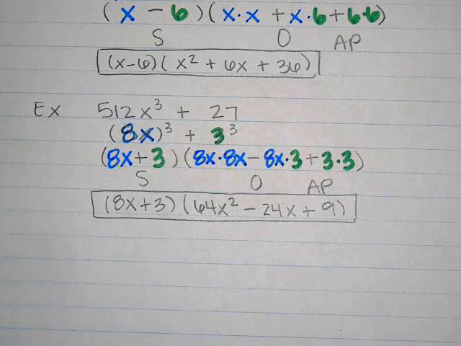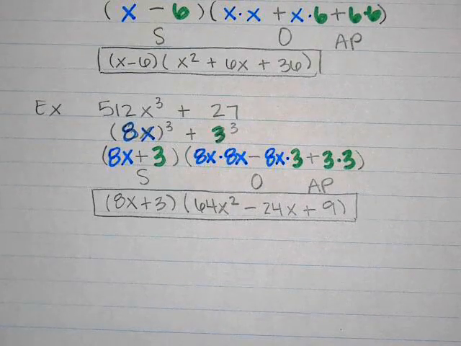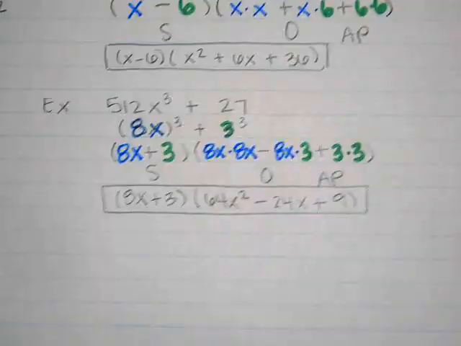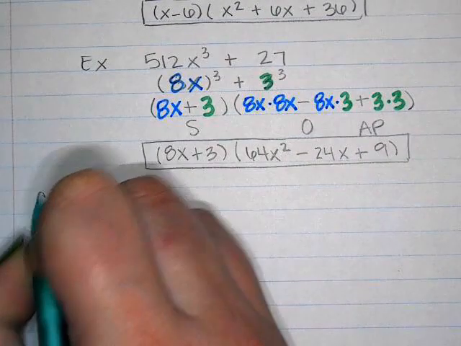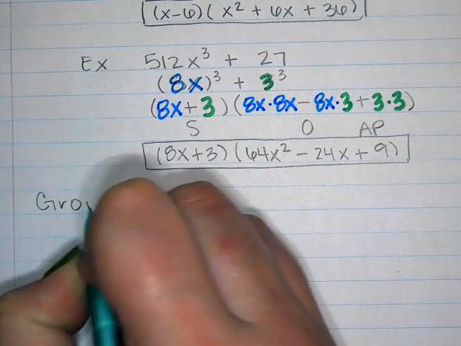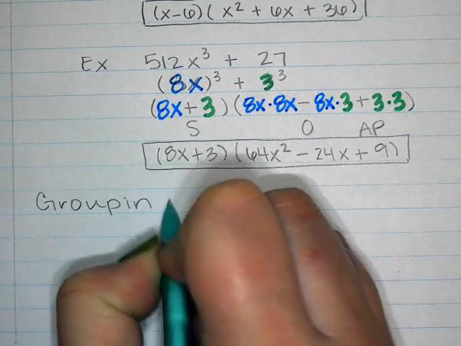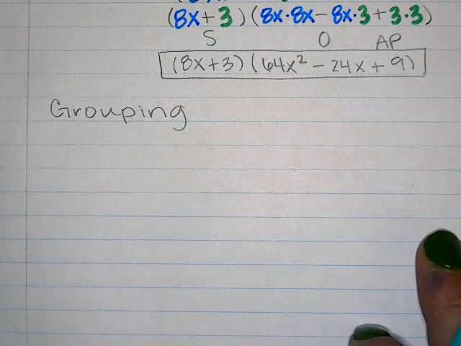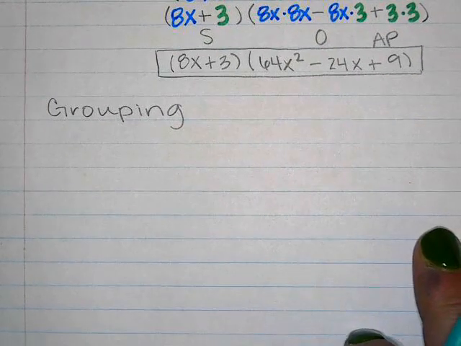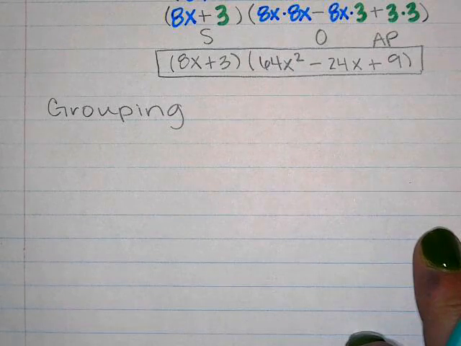Good? Okay. We have one more type of factoring that should be new to everyone, and this is called factoring by grouping. And this would be a little bit easier probably than what we just did. Your brain will probably adapt to it a little bit better.